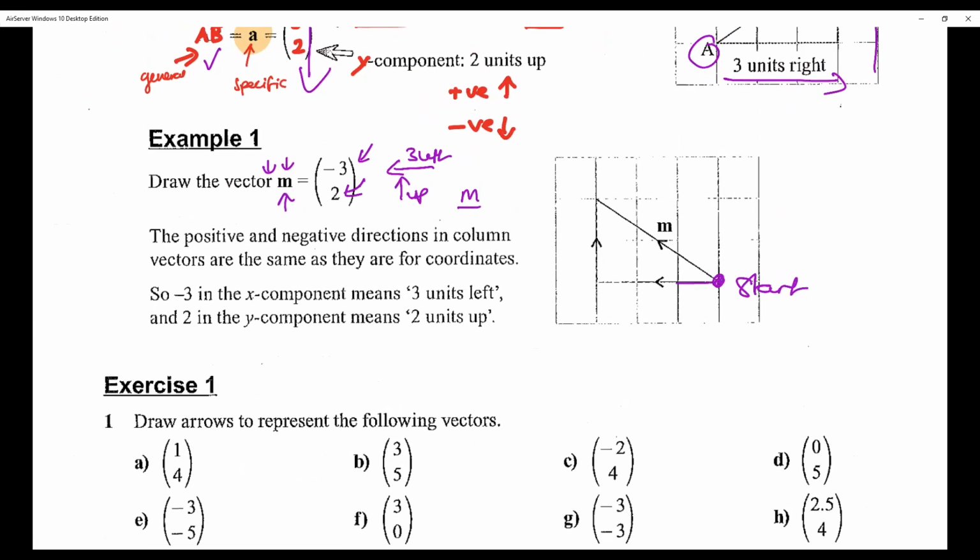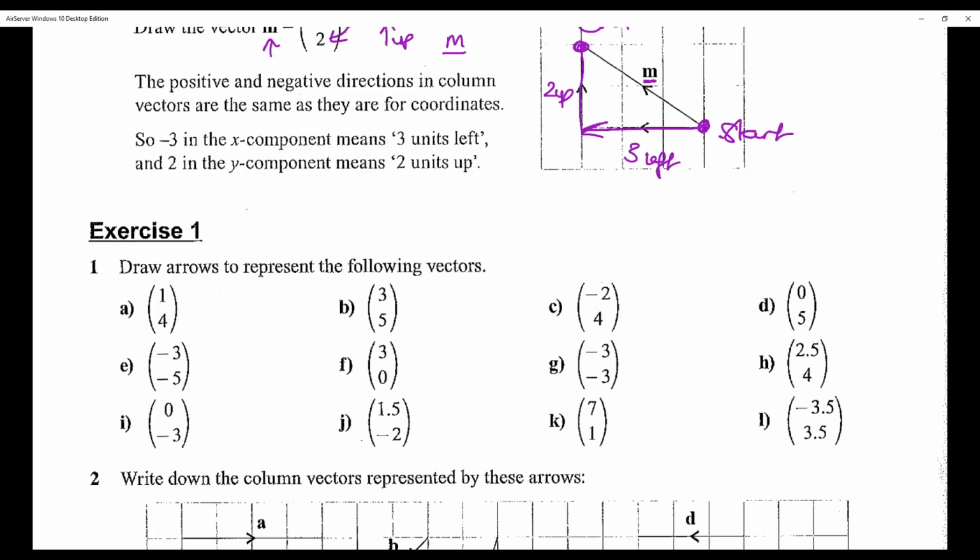We're going to go 1, 2, 3 to the left. And then from there, we're going to go 2 up. And we get to there. So there's our start, there's the end. And the vector has a name M. I'm just going to put the dash underneath to show that I've done it. So it's M with a dash. Are you happy with that?